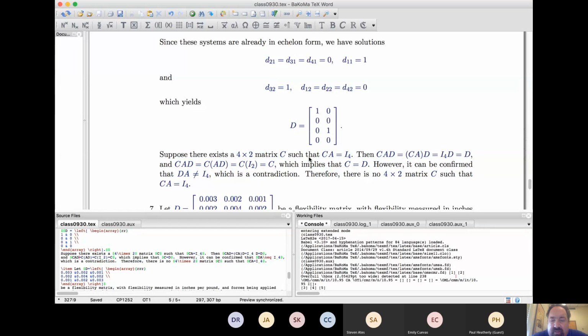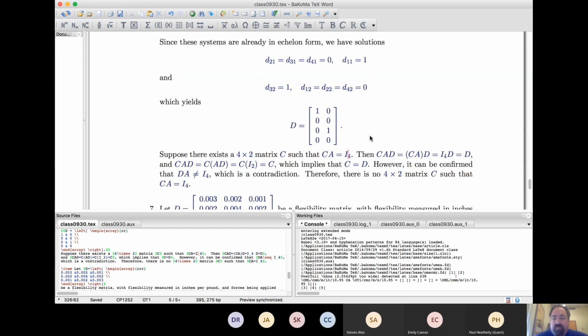So based on this assumption, C and D have to be equal. But A times D is identity, and if I multiply D with A, and you can work it out, what you find is that you do not get identity. So that's a contradiction. Therefore, this assumption has to be false.